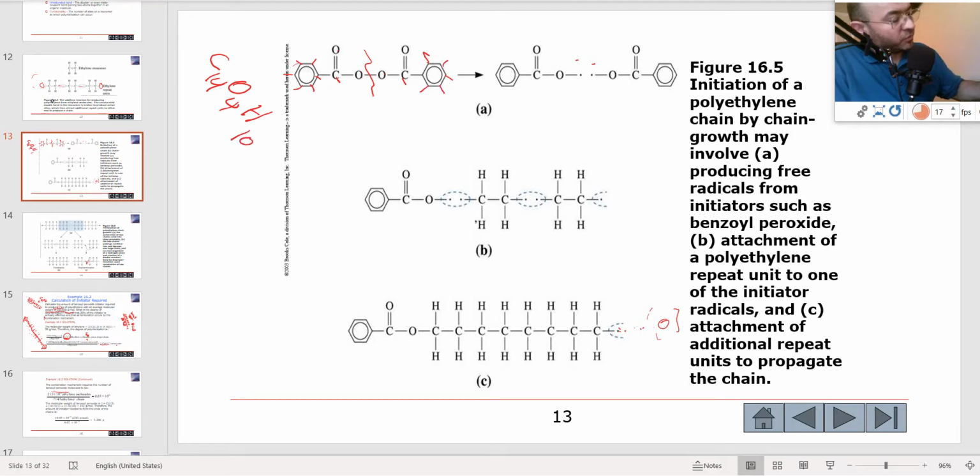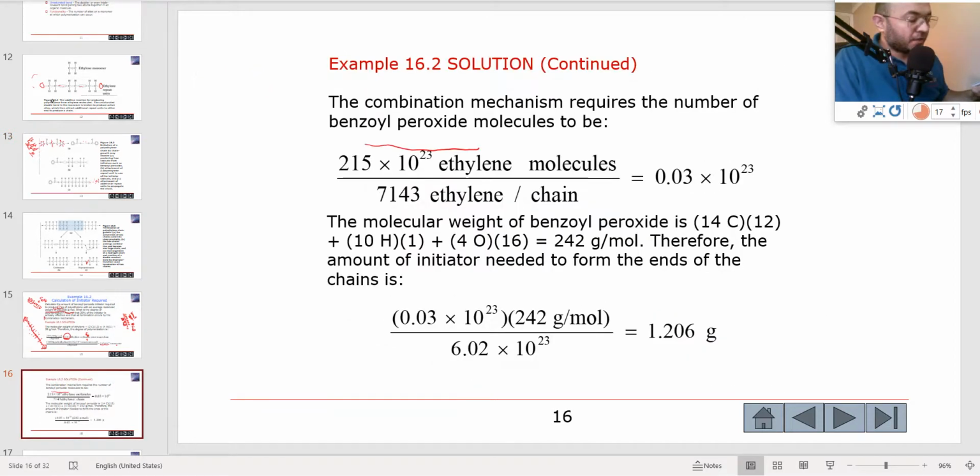So overall the formula is C14O4H10. Now, how can you find the molecular weight of this? Multiply this by 12, this by 16, and this by 1. So 12 times 14 plus 16 times 4 plus 10 times 1. That gives the molecular weight that we calculated as 214 grams per mole.